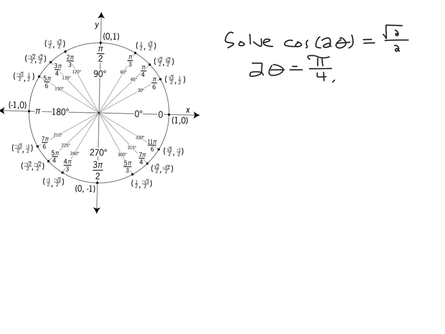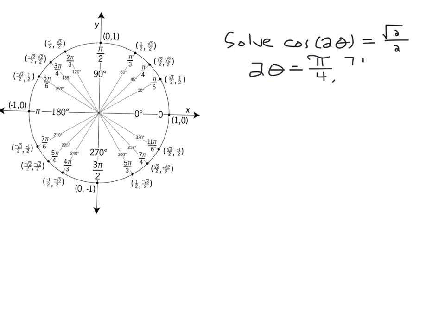And the only other possibility is, so we're looking for cosine, we're looking around the unit circle there, right? If 2 theta were 7 pi over 4, then cosine of 2 theta would similarly be square root of 2 over 2.